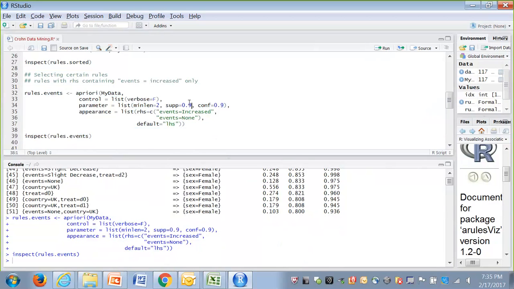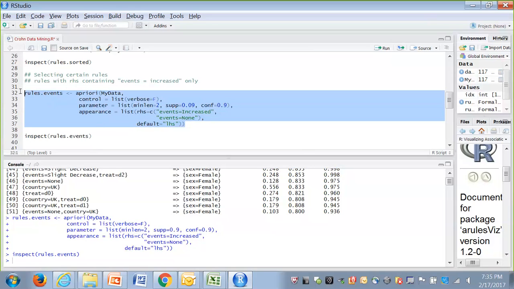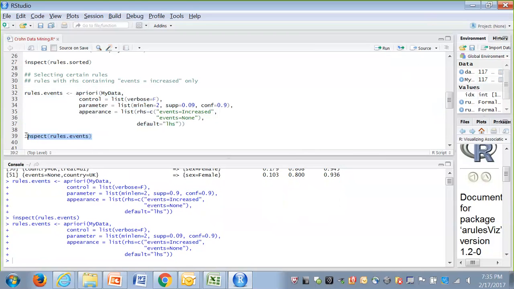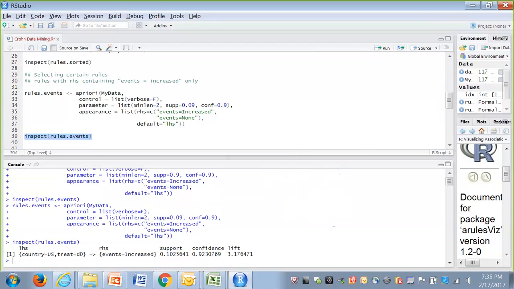Now, if I return this to 0.9, as you're playing with these numbers, you'll notice that depending on your data and its quality, the tweaking of numbers has to make sense. Based on my parameters, this is the only rule that fits that criteria. So tweaking the numbers and making sure they make sense for your data lets you keep a subset of information that will have value.